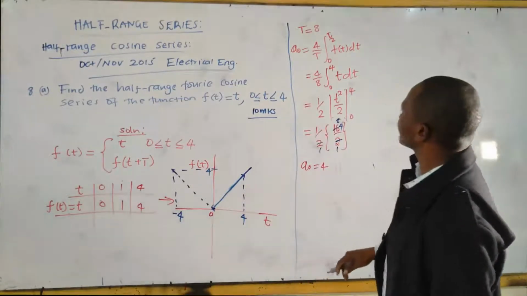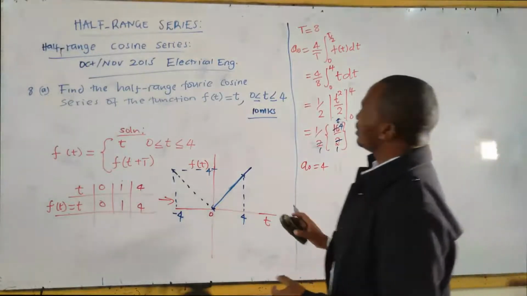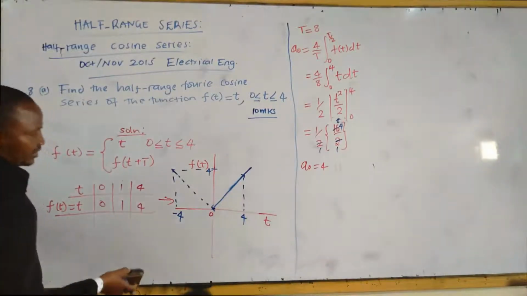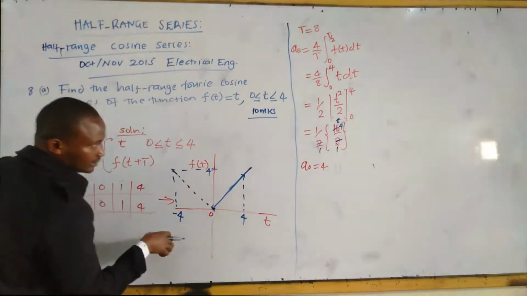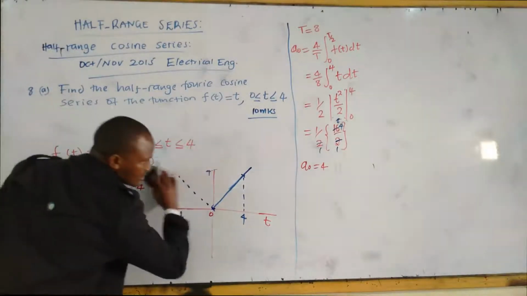Let us now get the value of An. We have known the value of the period T, which is what we wanted.